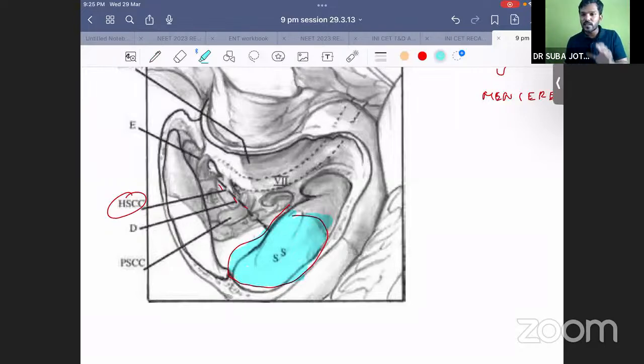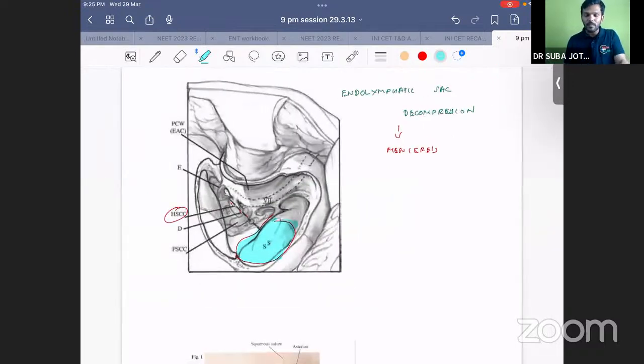What is the name of this line? Can anyone please answer? It helps in identifying the endolymphatic sac. Dr. Pavitra, you are spot on. The line is called Donaldson line.